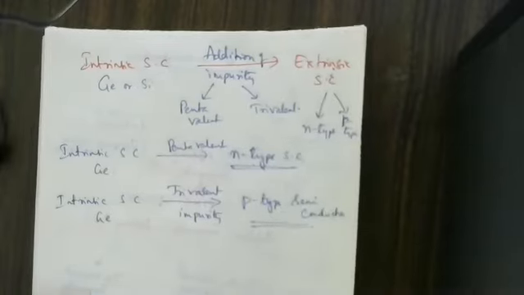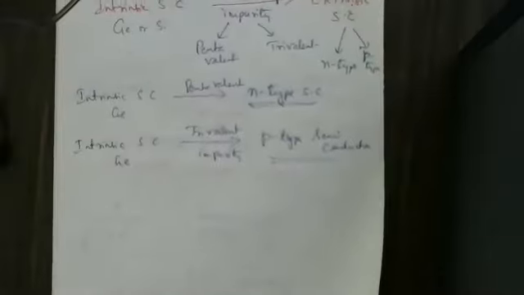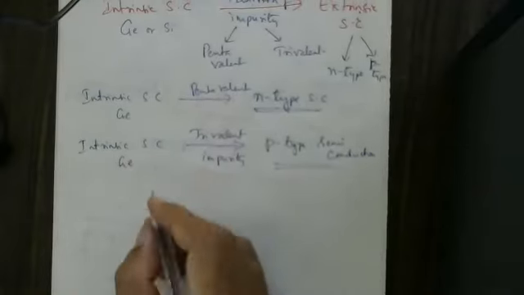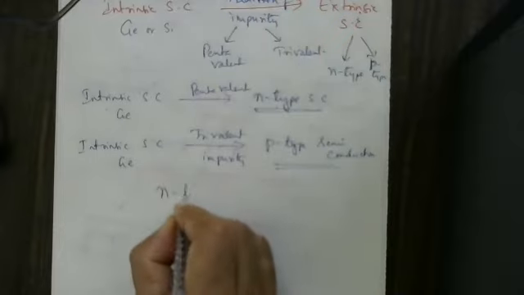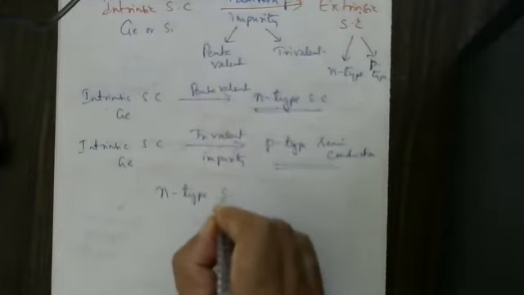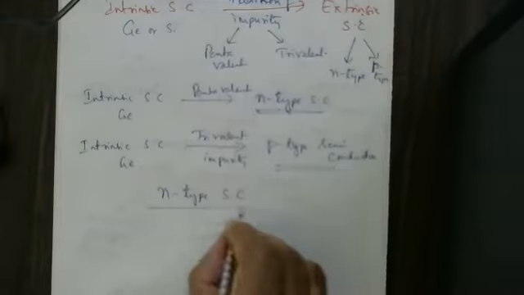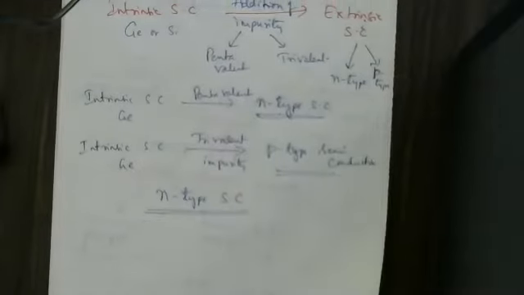Now, at least the N-type semiconductor, today let us have a discussion. Still 6 minutes time is there. N-type semiconductor is an extrinsic semiconductor.